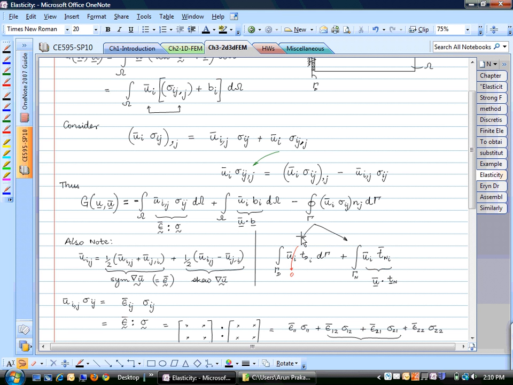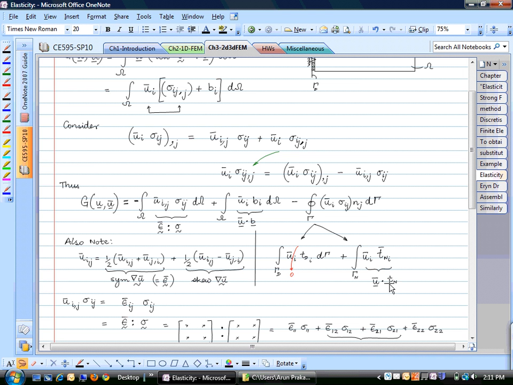And we are also going to split the boundary into two parts the same way. One is the specified displacement boundary, and one is the specified traction boundary. On the specified displacement boundary, we are going to say that our virtual displacement is 0, just like the same old one-dimensional case. And the specified traction will lead us to the force term that we had before.